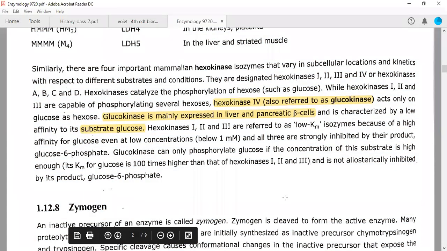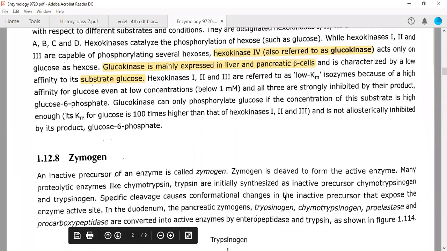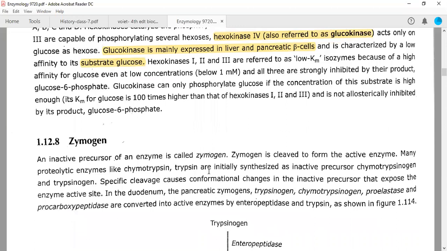Then we have discussed zymogens. Zymogens are inactive forms, or precursor enzymes, which are kept in such a form so that they are only activated in response to the substrate, whenever we take a proper diet.